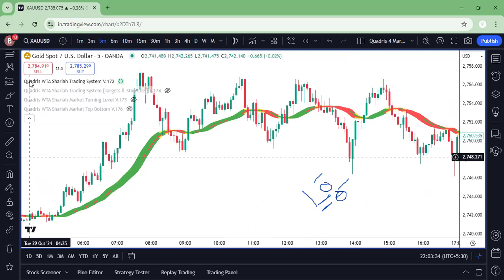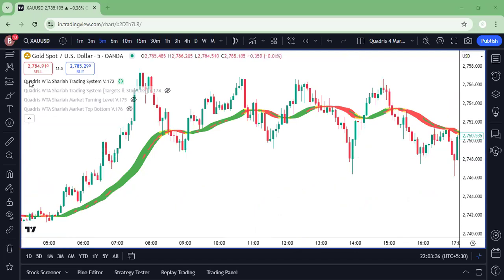So this gives you a clear idea whether this is a pullback, this is a pullback, this is a pullback. And after every pullback, if the pullback is in favor of price continuation, then there should be instant gratification of price, and price should go upwards in the form of these strong bars.